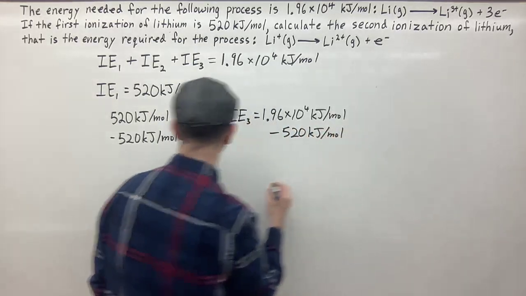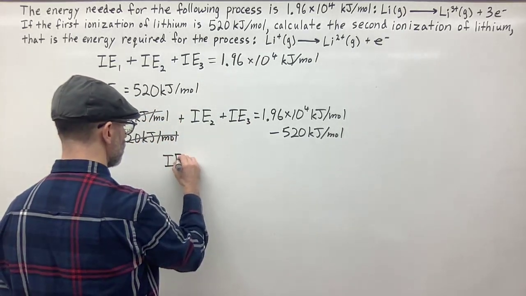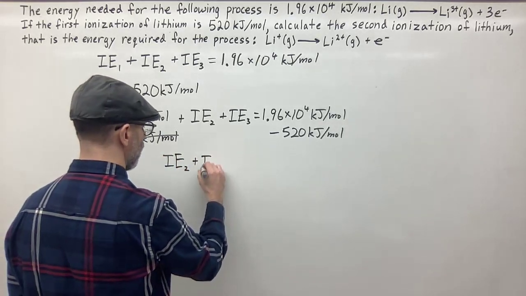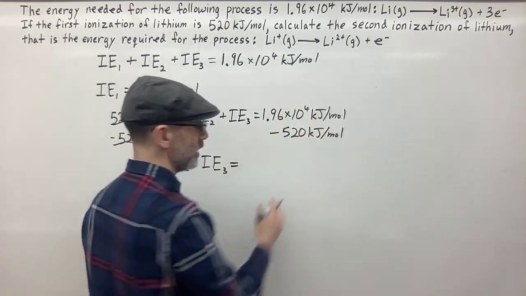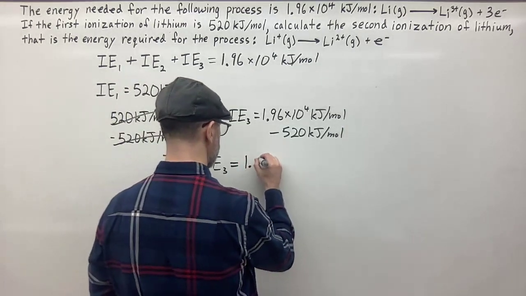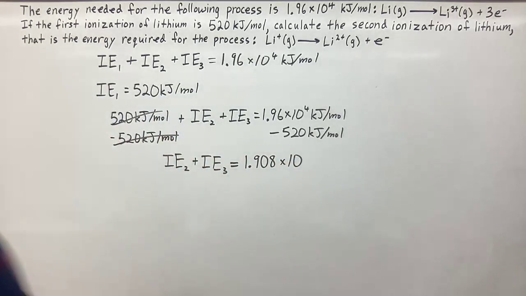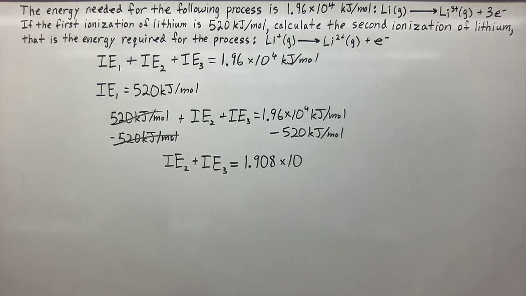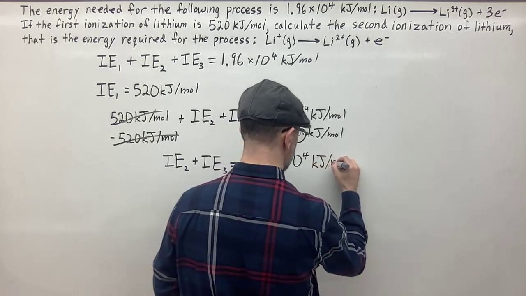Then this cancels out, and I'm left with IE2 plus IE3 equals, and when I subtract that, I get 1.908 times 10 to the fourth. Again, that's kilojoules per mole.